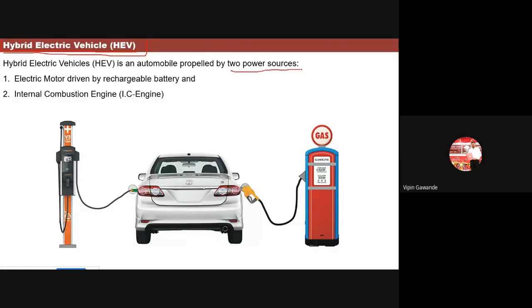One is our electric charging station, where we take electric power. At the same time, we also take fuel, either petrol or diesel. So there is a combination of these two. That means we use electric power, and we use fuel also, in the form of petrol and diesel. That means we are using an IC engine also.